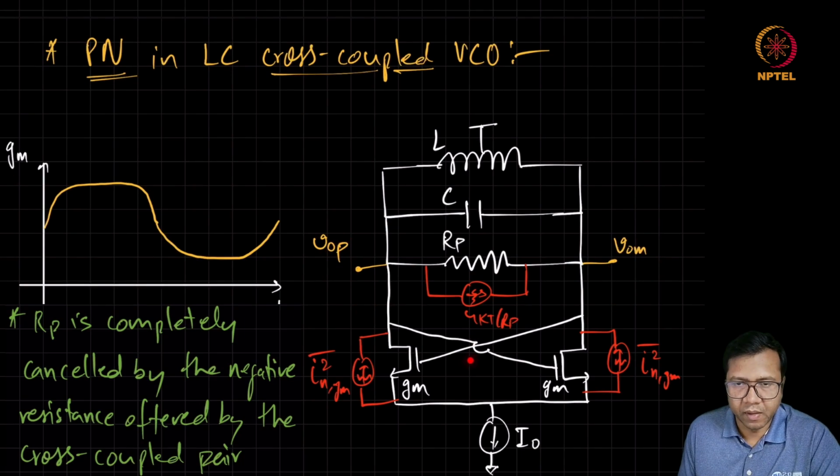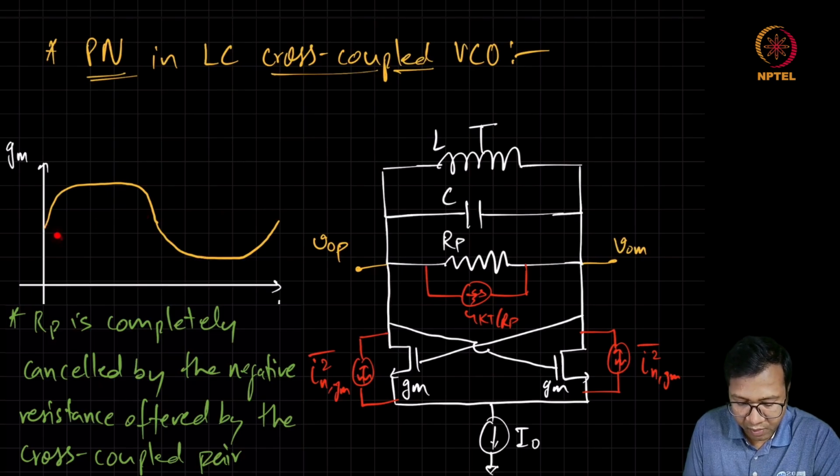So if you remember, we talked about an effective GM, which was the ratio of the fundamental current supplied by the GM with respect to the fundamental voltage which is applied at the gate of these transistors. So the effective GM value will be somewhere in between these two extremes in which the GM is swinging.